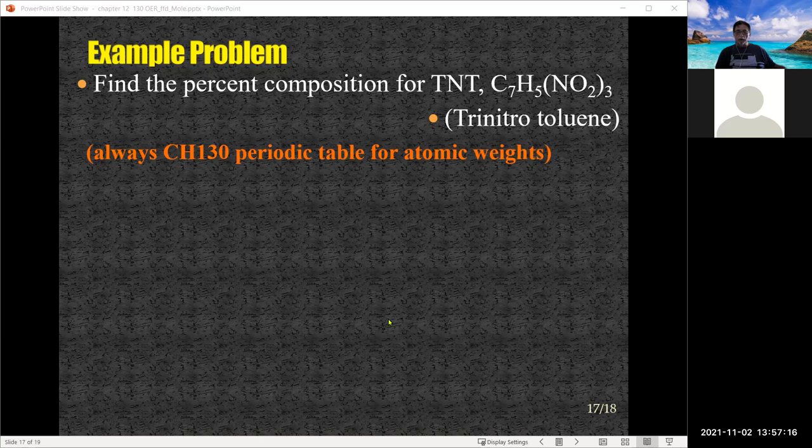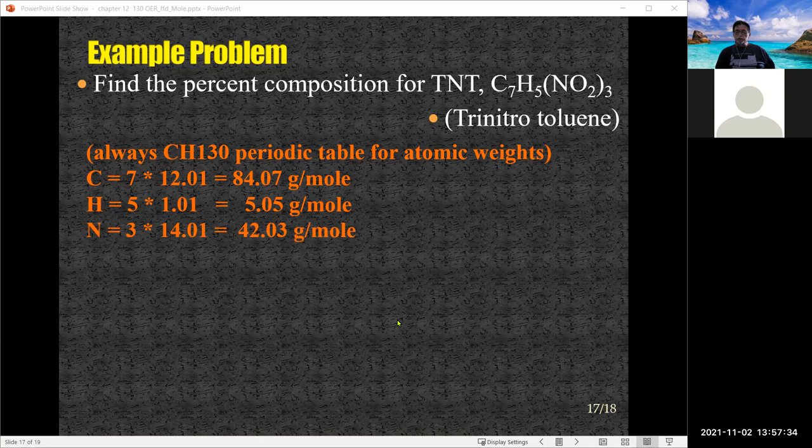All right, so again, we use the Chem 130 for atomic weights. And we got 7 carbons, each at 12.01, that is 84.01 grams per mole. 5 hydrogens at 1.01 each, that's 5.05.